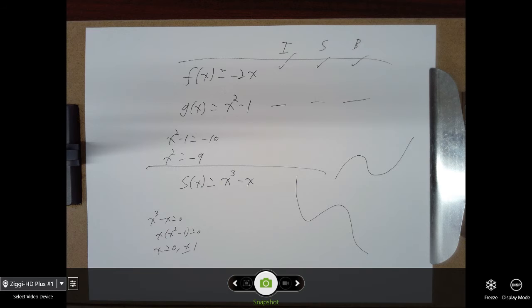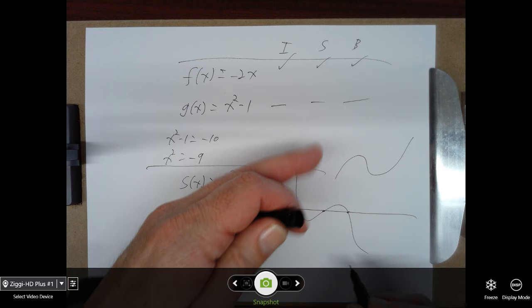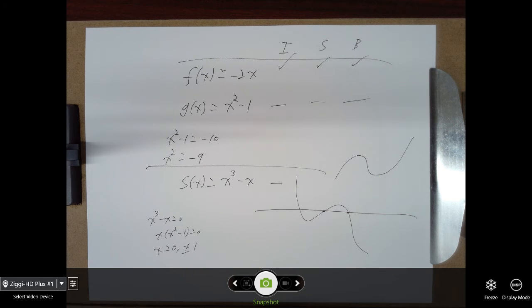And injectivity is kind of failing this horizontal line test, right? If you plot the graph and there's 2 points that have the same y value at different x values, it's not injective. What about surjective? If you believe the graph of it, it looks like it hits every point.